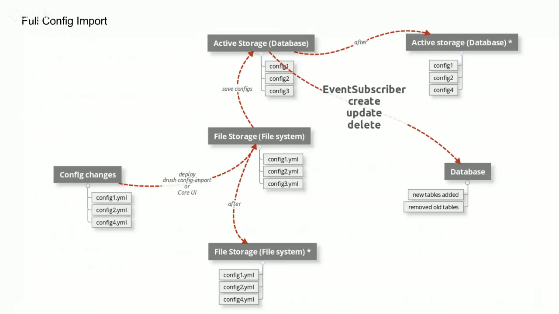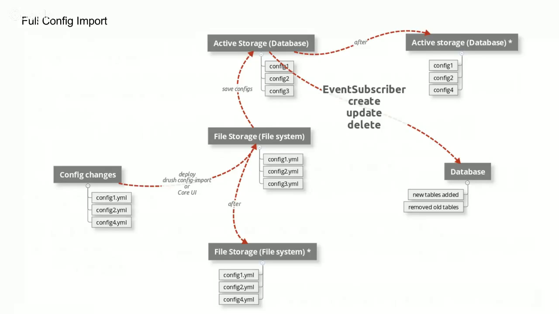The core makes a diff between active storage and file storage, and if there are some configs in active storage that are not in file storage, core thinks of them as to be deleted. And if there are some configs in file storage that are not in active storage, core thinks of them as to be created.